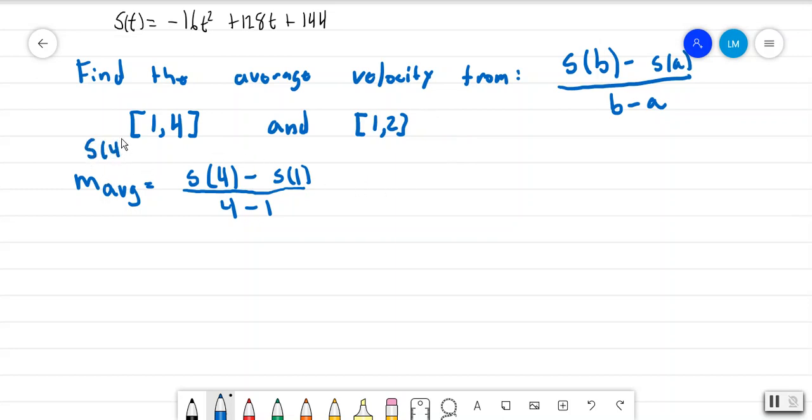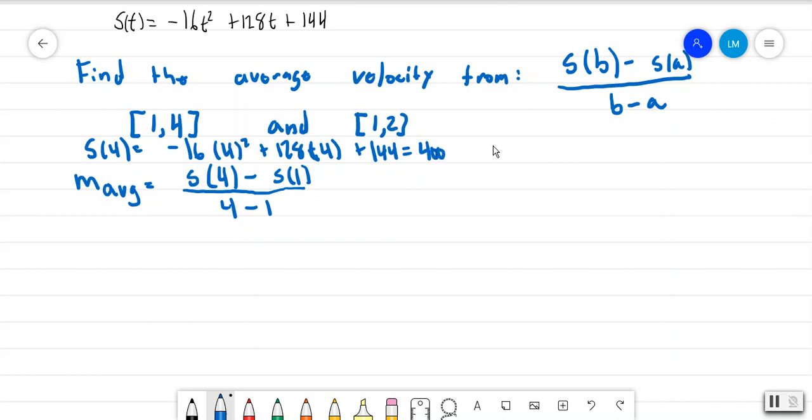Okay, so s of 4 is equal to negative 16 times 4 squared plus 128 times 4, right? Okay, so plus 144. Now, when you simplify this, you're going to get 400.